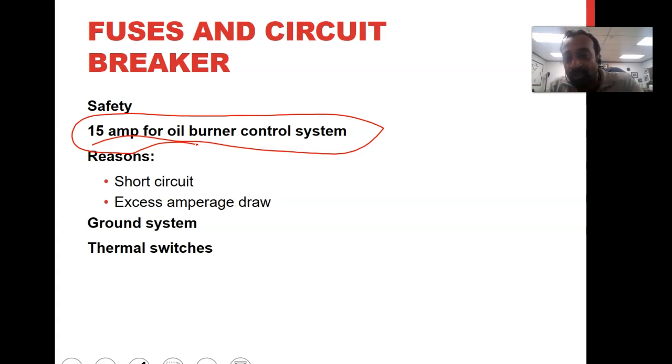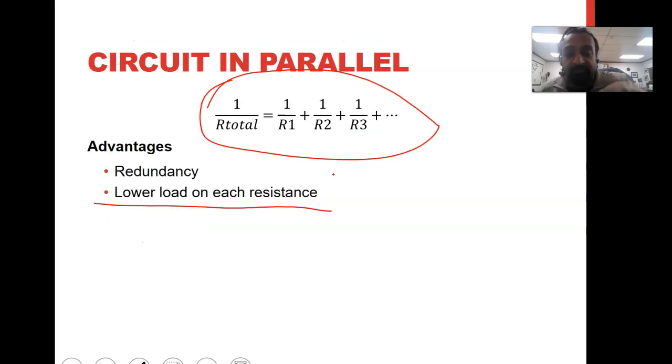The reasons for that are short circuits and excess amperage draw. The reason for having fuses and circuit breakers is that they protect you against short circuits and also excess amperage draw. How would you have excess amperage draw? If you have a fault in the circuit, and that's also what causes a short circuit. Think about short circuits for a little bit.